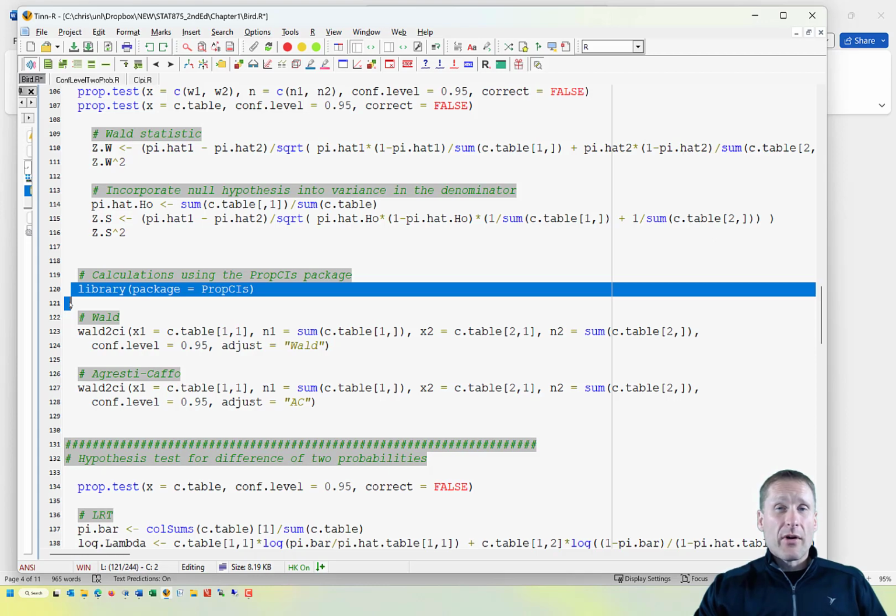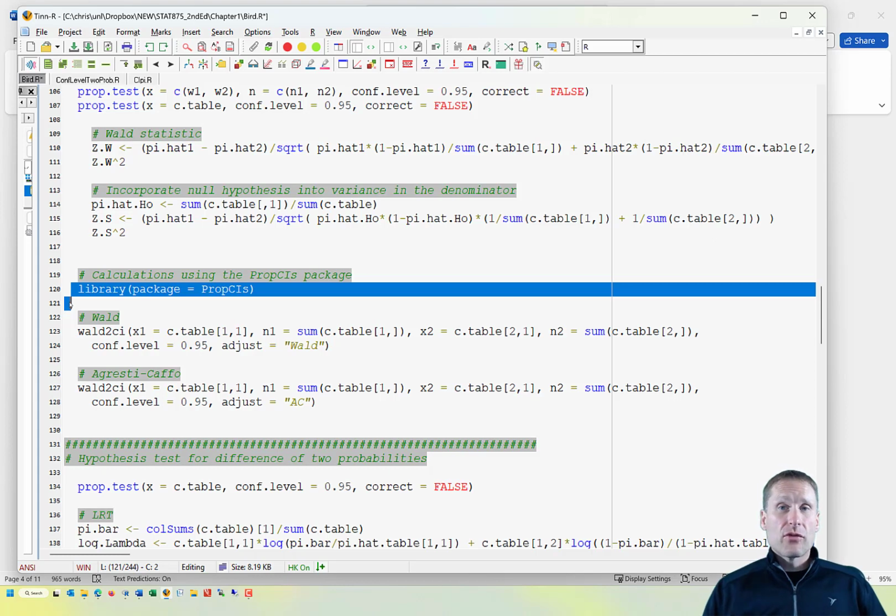Now you might be wondering, well, why didn't we just start off with that to begin with? Well, there's two reasons. First, it's good to understand what the corresponding equations for the confidence intervals actually mean and how to work with them. And second, this prop.cis is a user-contributed package.